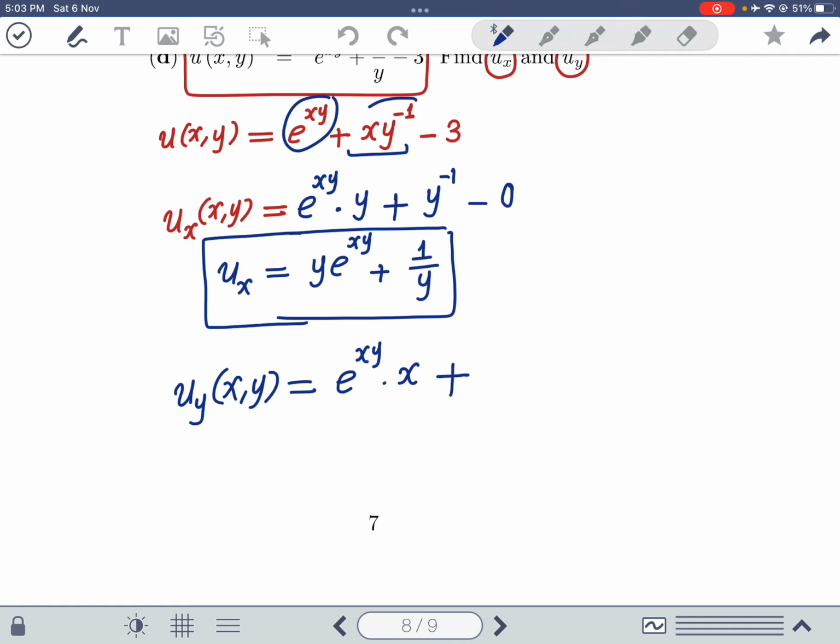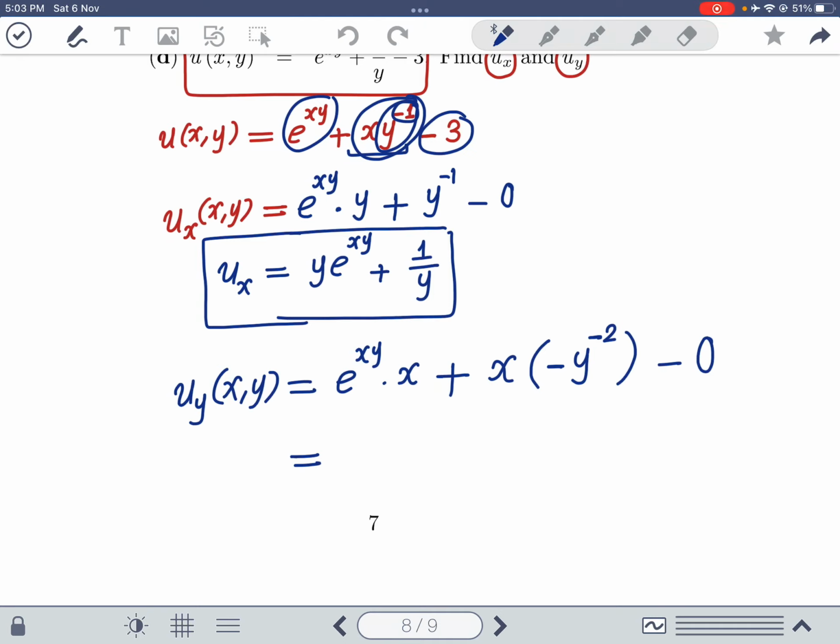Now in the second one, with respect to y, x is a constant, leave it as it is, but y has power -1, so the negative comes down, and then you subtract 1 from the power, so it becomes -2, minus 0. So the derivative of this with respect to y is 0. Any constant with respect to any variable, the derivative is 0.